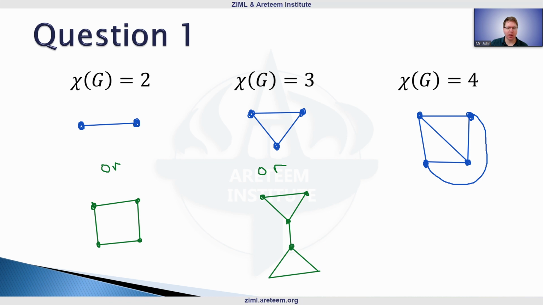There's all kinds of things you can easily do to add to these graphs that don't necessarily change the chromatic number, don't change how many colors are needed when you're doing this coloring.